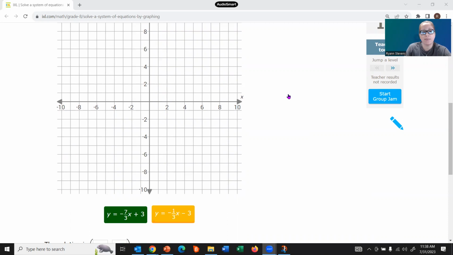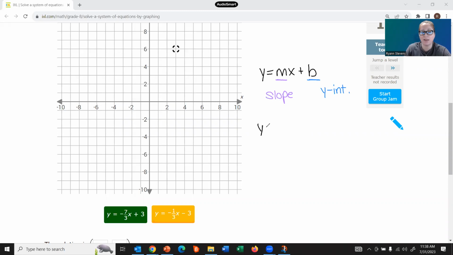So we're going to say that with this one, again, we're dealing with slope-intercept form, y equals mx plus b. So our slope is this number in front of x, and then our y-intercept is going to be what's in place for b. We're going to look at both of these equations separately and graph them.